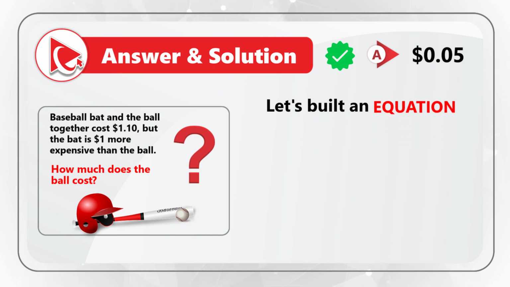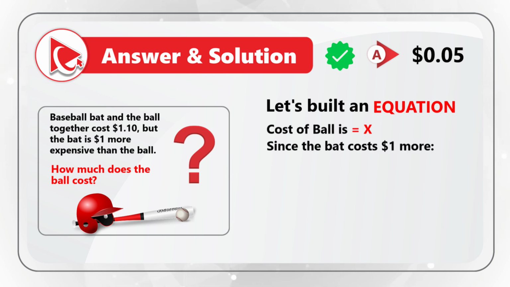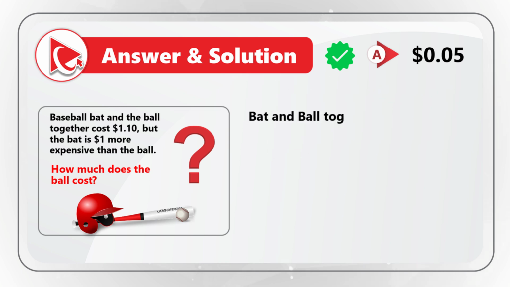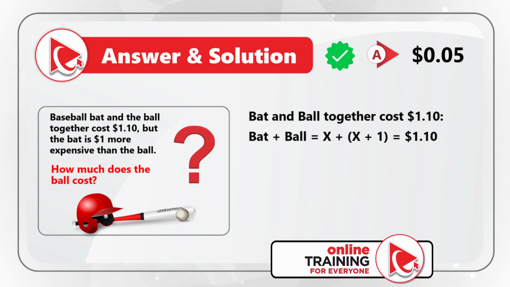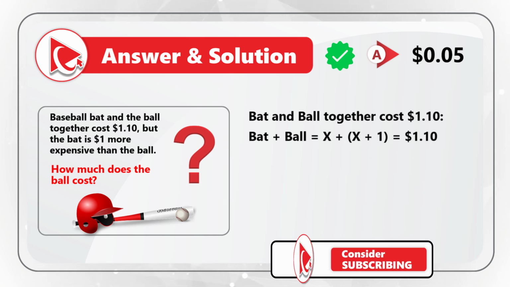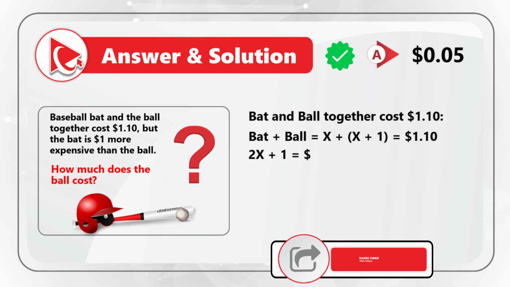Let's build a quick equation. The cost of a ball would be x. And since the bat costs $1 more, the cost of the bat would be x plus $1. Now we can take advantage of the fact that the ball and the bat together cost $1.10. Bat plus ball would be x plus 1 plus x, which would be equal to $1.10, which would mean that 2x plus 1 would be equal to $1.10.